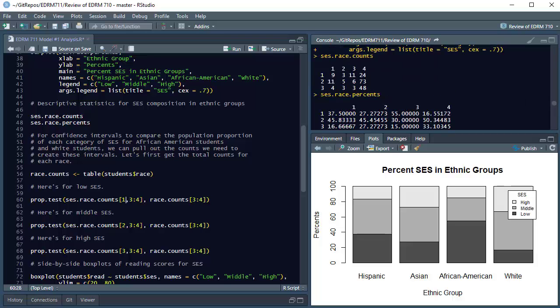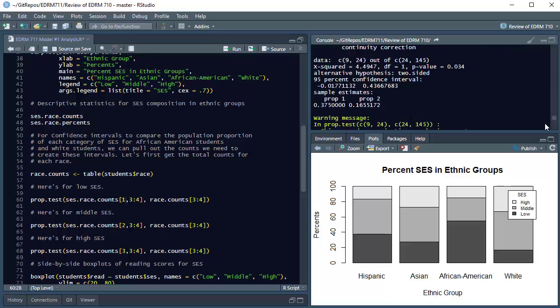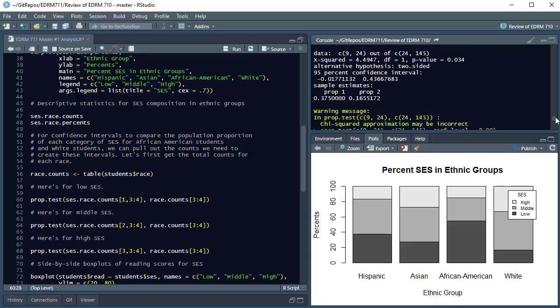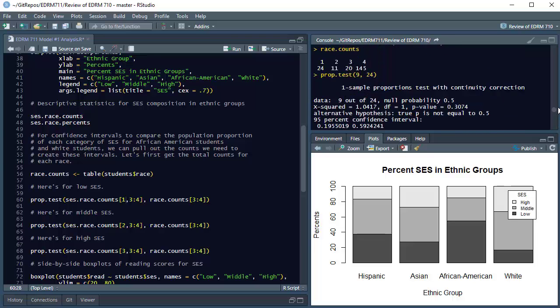Okay, so prop test. Here we go. Prop test. So make a little vector, 11 for African American, 24 for white, and now I need to make a vector for the totals. And that's 20 African American, 145 white.